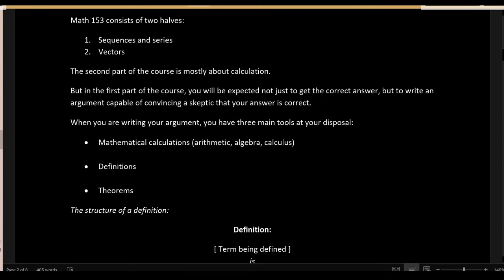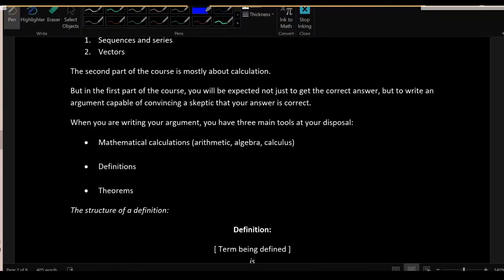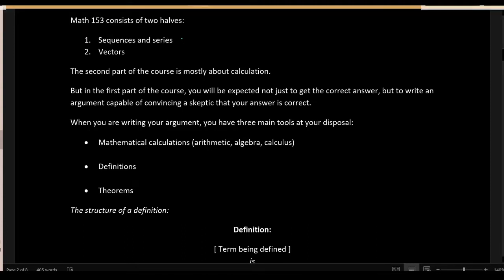Now, this course, 153, consists of two parts. One half sequences and series, and the other half vectors. This first half is the one where we're really going to have to be good at arguing mathematically, at writing mathematical persuasive essays in some sense, where it will be important not just to get the right answer, but also to persuade someone, even a skeptic, that the answer is correct.